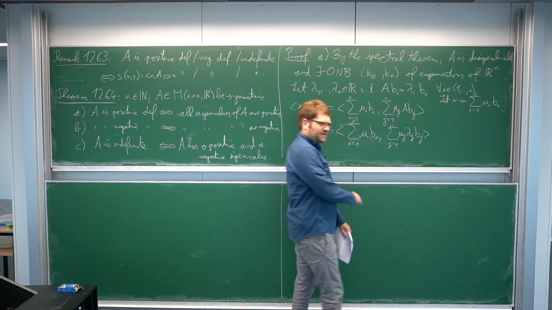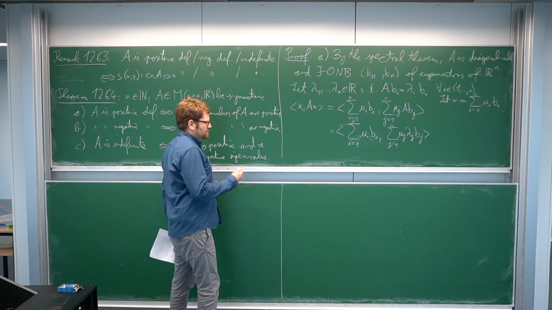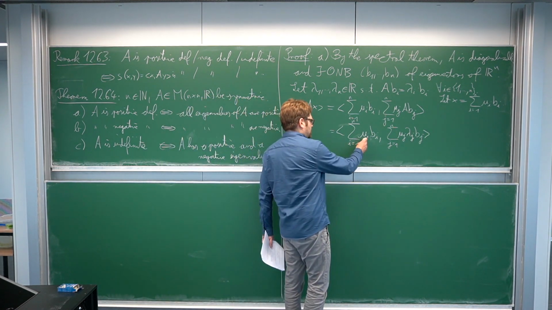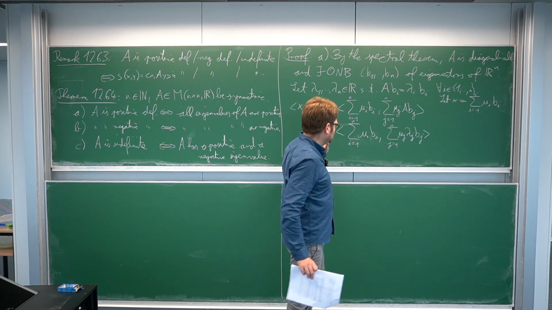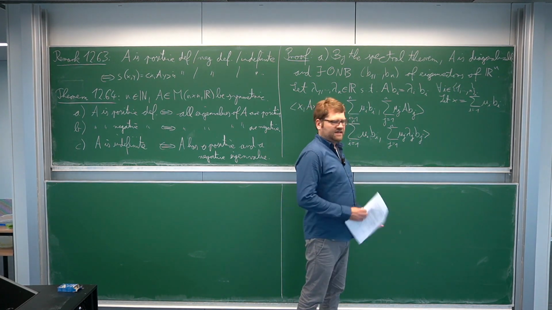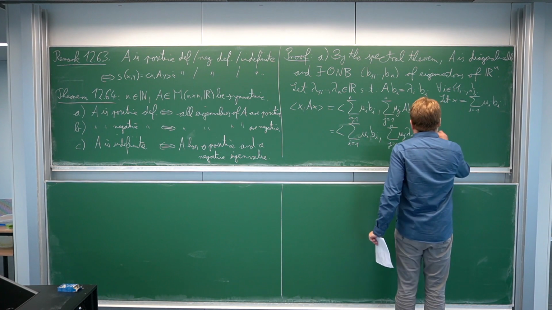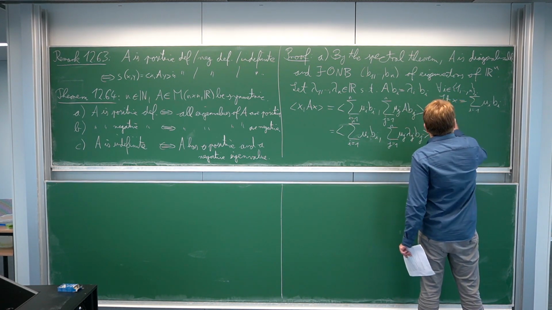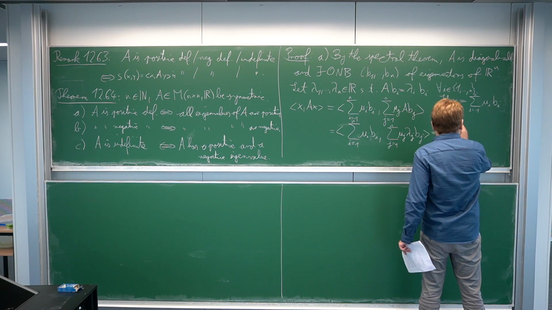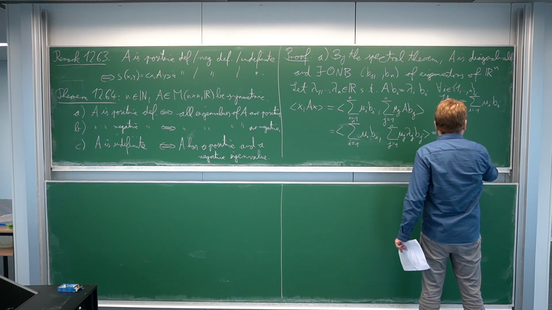Okay, and now we can use the bilinearity of inner products. By bilinearity, it's compatible with sums and with scalar multiples. So we can basically pull this sum and these coefficients out of the inner product and do the same thing with this as well. So if we do both of them at the same time, we get the sum. If you don't understand this, just take a look at bilinearity and do this computation by yourself. I'm just dropping the intermediate steps here.